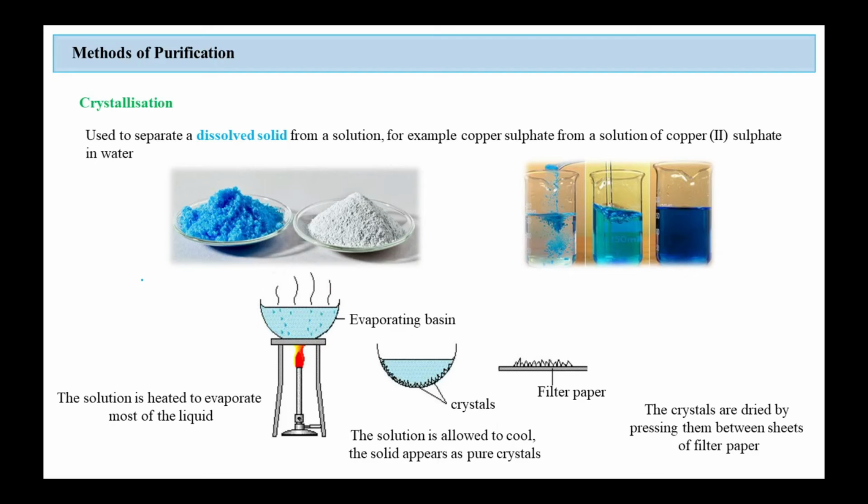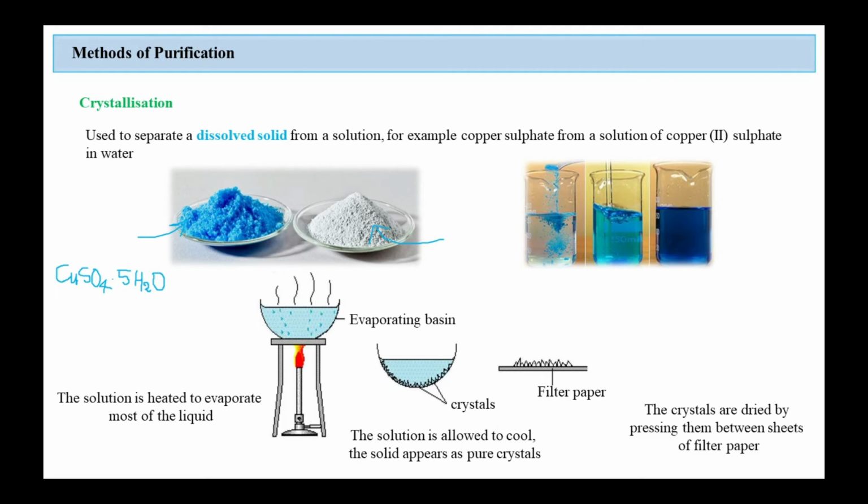Crystallization can also be used as a method of purification, in a way to separate a dissolved solid from its solution. On the following figure, we represent copper sulfate in its hydrated form and in its anhydrous form. So in this case, its formula is CuSO4·5H2O, which actually contains 5 molecules of water, and its color is blue, as you can see here.